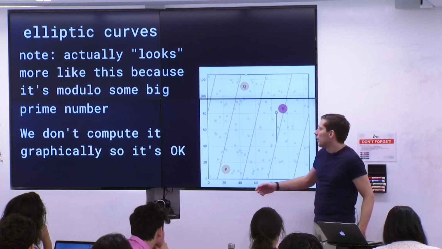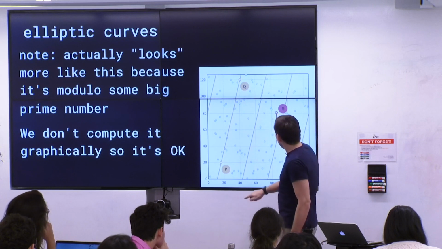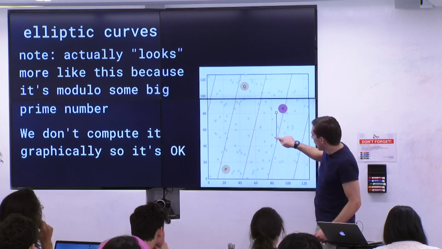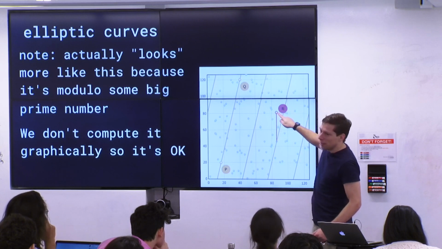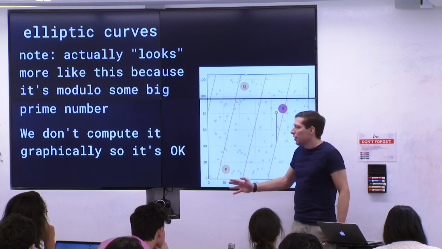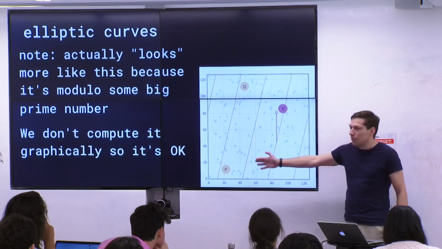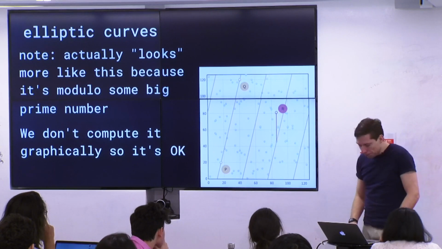So same with this. You still draw a line between P and Q, and you get to here, and then you flip over the y-axis, and now this is R. Similarly, you can take a tangent, although tangent is harder to visually see because there's no obvious curve here. But the equations work the same.